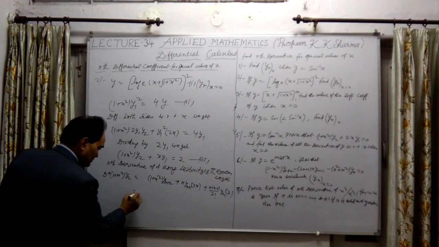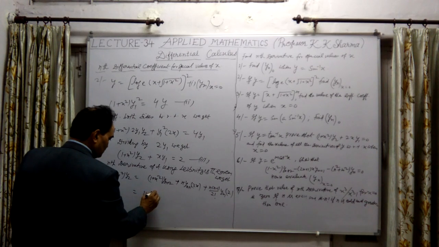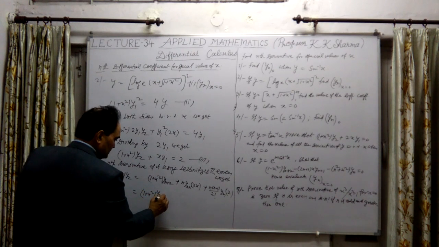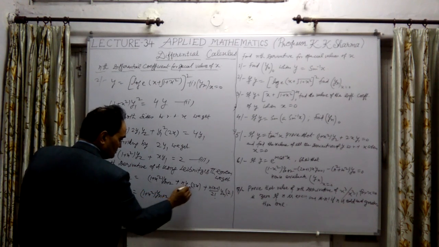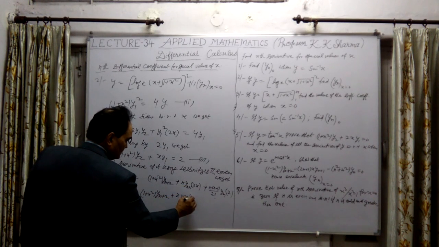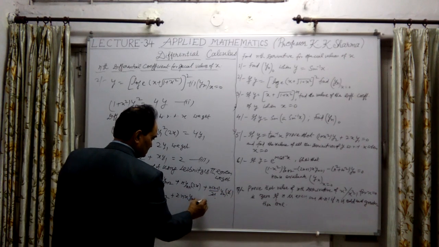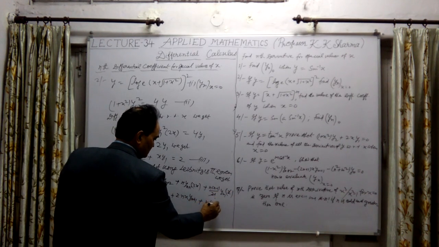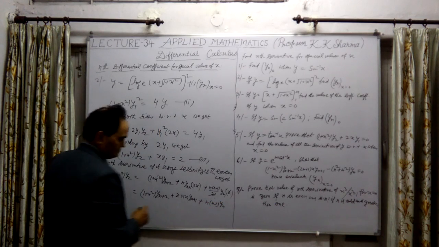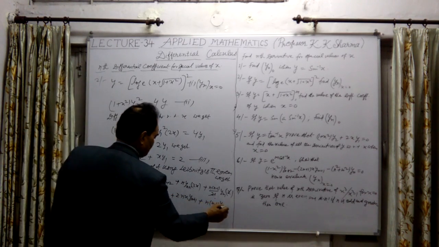Let me write it after simplification. We get (1 + x²) y(n+2) plus 2n x y(n+1), the 2 cancels out, plus n(n-1) yn. Okay, next step.